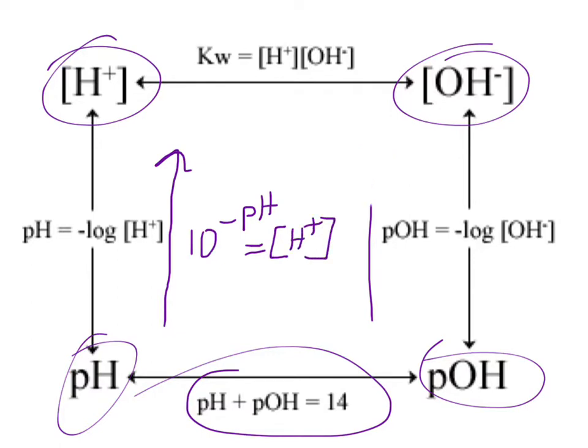And then I'm just going to write it out to the side here. 10 to the negative pOH is equal to the hydroxide ion concentration. So that's how you go from pH to hydrogen ion, and that's how you go from pOH to hydroxide ion.